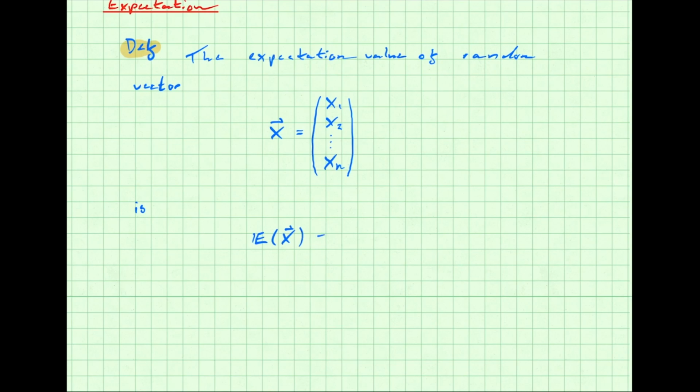The output of that is a vector itself, and it looks like this: mu1, mu2, down to mu(n), where each of these mu's, mu i, is the expected value of x sub i. All right, so that's going to be our definition of the expectation value of a vector.